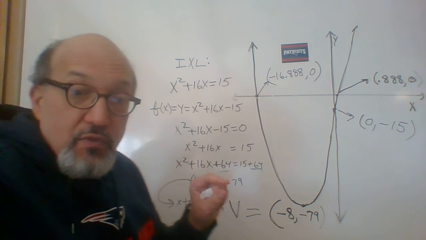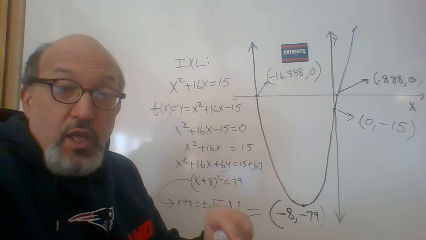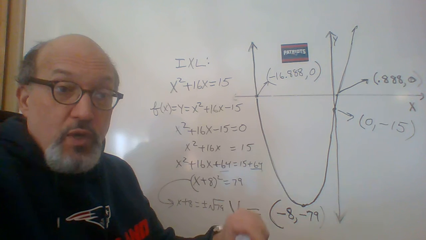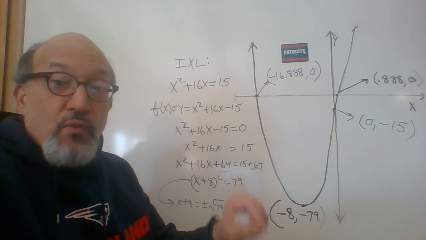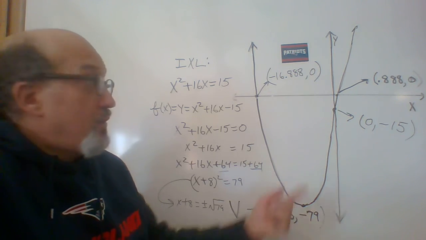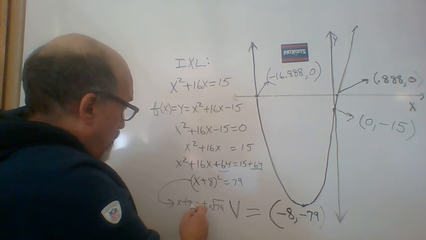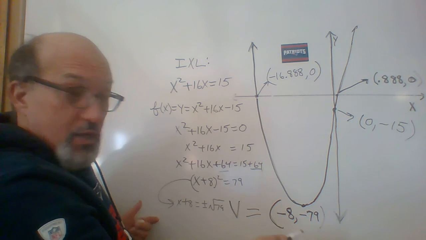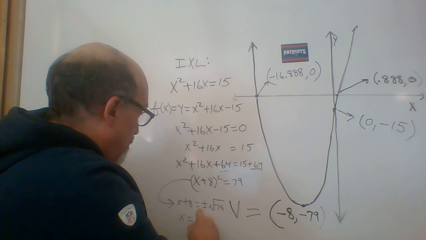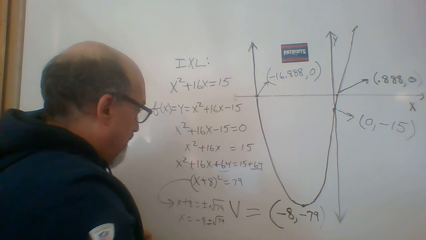The fact that that 79 is positive means that there are going to be two real roots, two real zeros, two real values of x that will make the function's graph cross the x-axis, and I've drawn the crude sketch of it here. To finish now, we're going to simply subtract 8 from each side and get x equals -8 plus or minus the square root of 79.